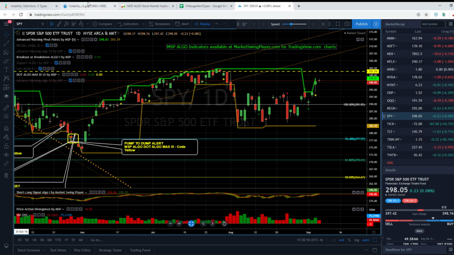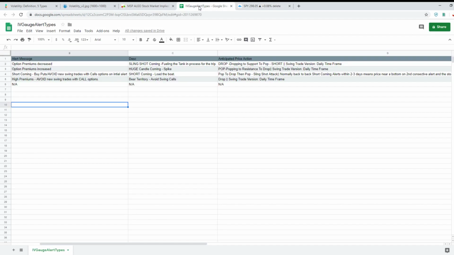Our application is monitoring the stock market as a whole, and we're monitoring the implied volatility of the entire stock market. Okay, not a specific stock or option. Okay, so let's go back to the page. So now you got an idea of the different types.